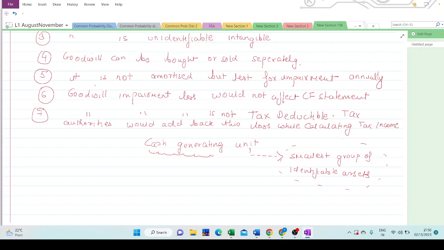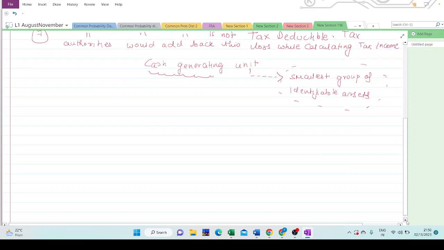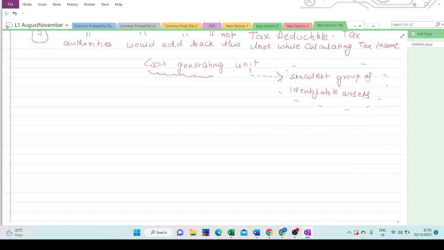So we'll understand this with the help of an example. Say there is a company called Neptune Tourism, and this company has two divisions. One is the bus division and the other is the room service division.